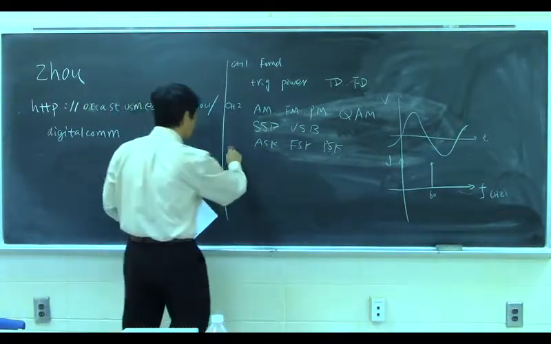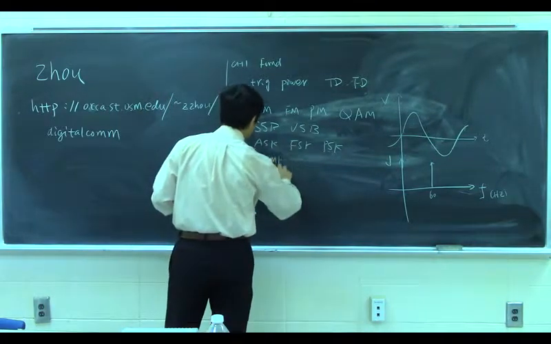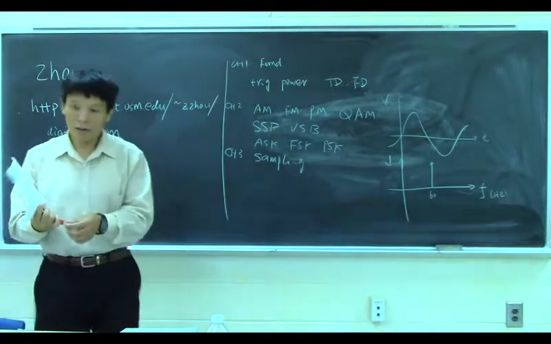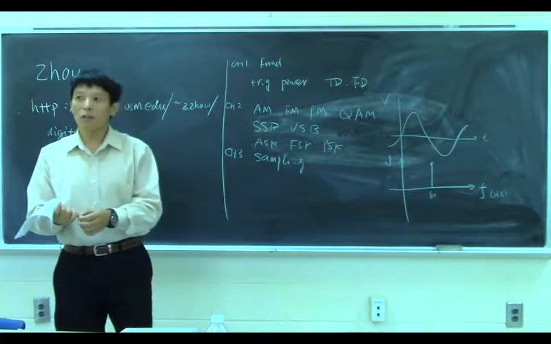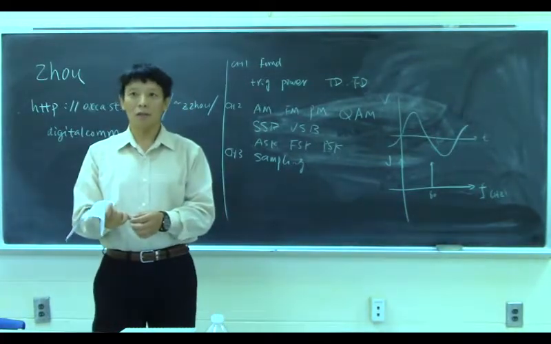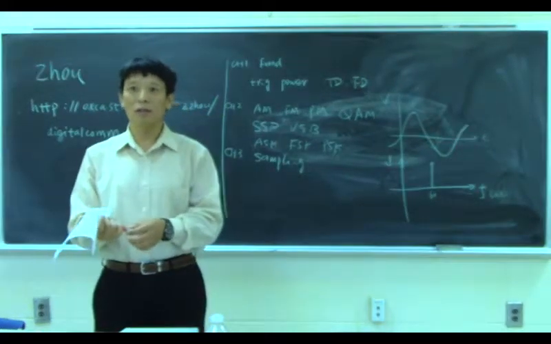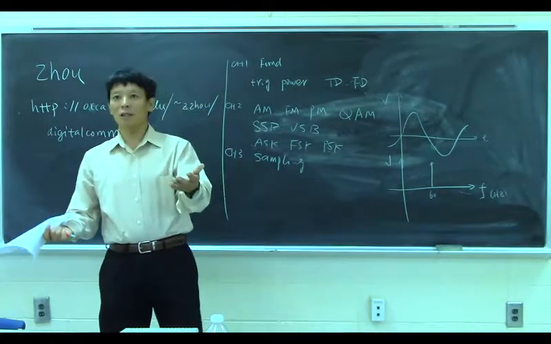The next one, chapter 3, will be sampling theory. Sampling theory means most of the signals we know are analog signals. For example, you go to a concert and listen to music. The music is analog, and my voice here is analog.